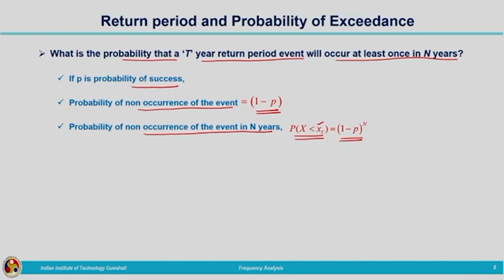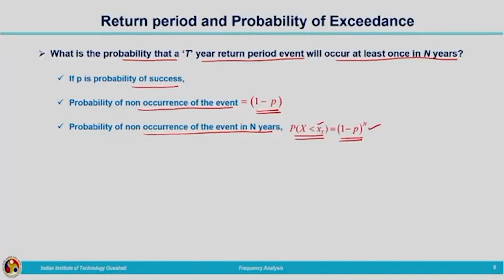What will be the probability corresponding to non-occurrence of that particular event in n years? It will be represented by P(X less than x_T), and that can be given by (1 minus p) to the power of n.